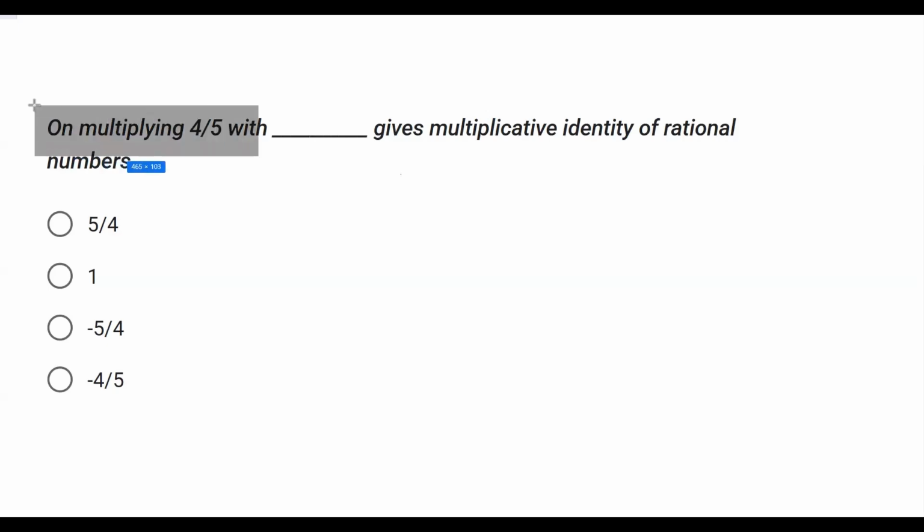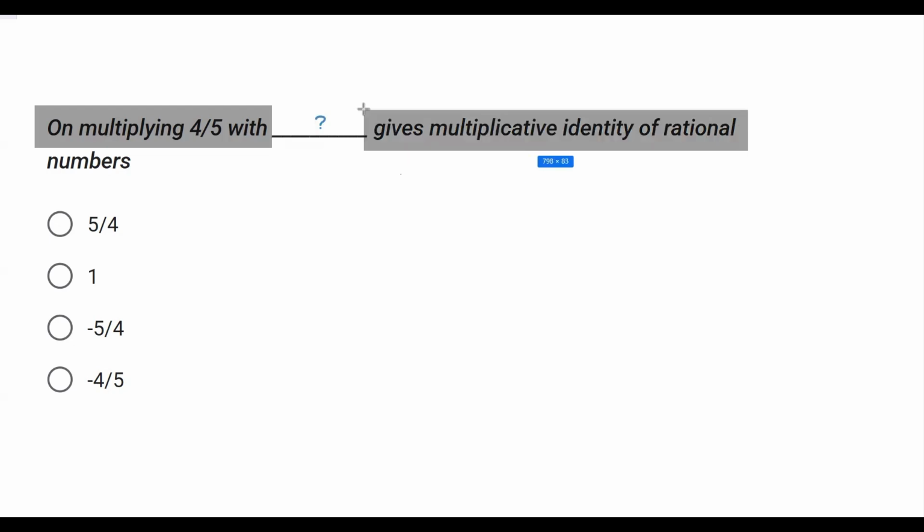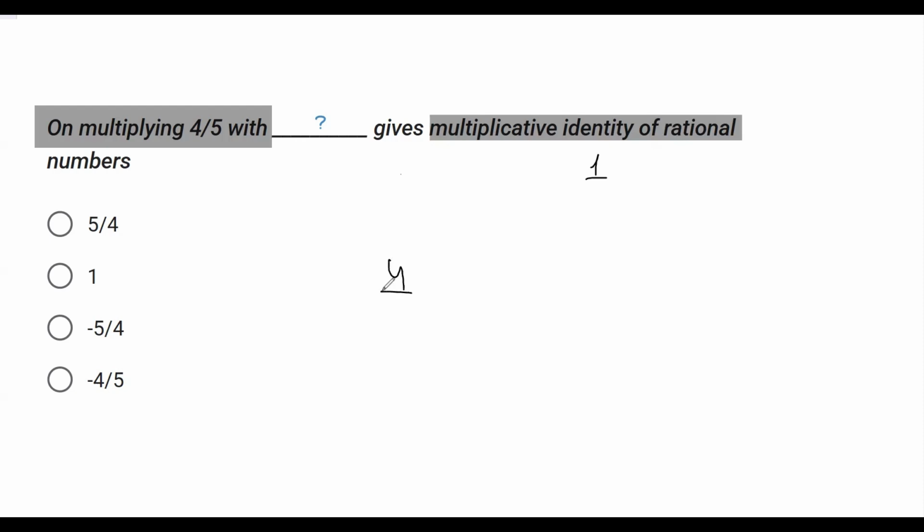Well, in this MCQ, it says on multiplying 5 over 3 with what? So we have to fill this space with a number so as to give the multiplicative identity of a rational number. What is the multiplicative identity of a rational number? It is 1. So what we have to find out is 4 over 5 multiplied by what should give you the multiplicative identity, that is 1.